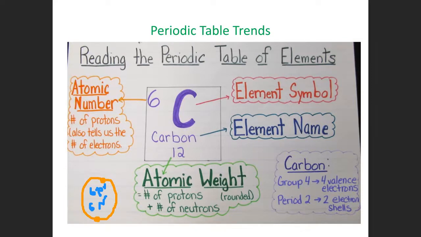Up to 8. So how many electrons are we dealing with in carbon? How many total electrons? 6. If I put 2 in that first shell, how many have to be in that second shell? 4. So 1, 2, 3, 4. Sometimes I like to be kind of symmetrical, sometimes not. So there it is. That is really the electron model for carbon.